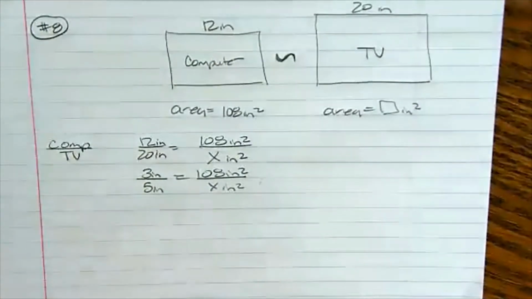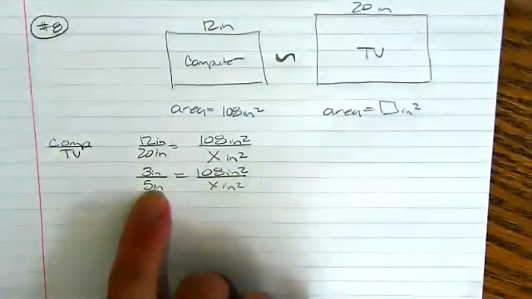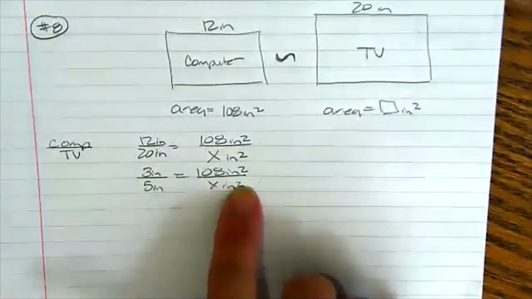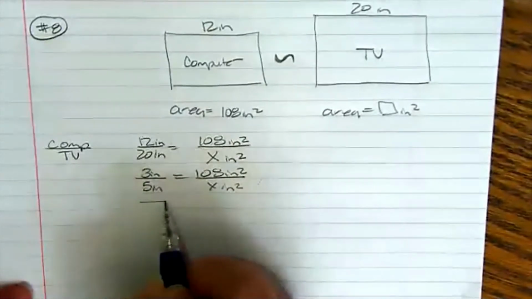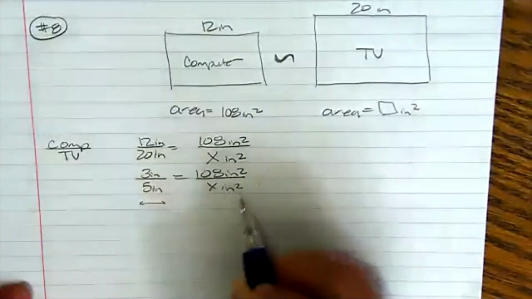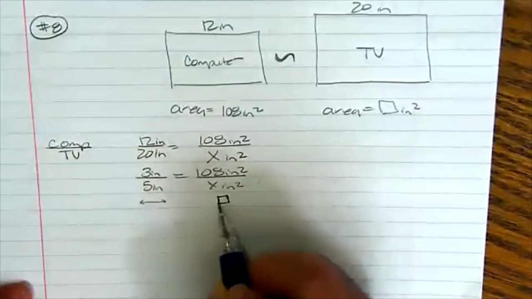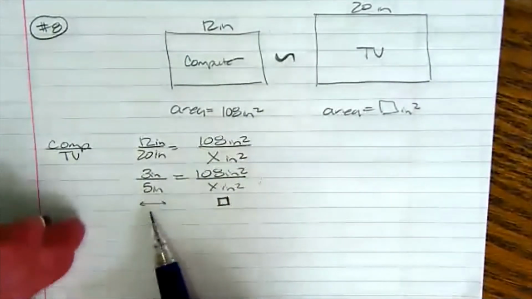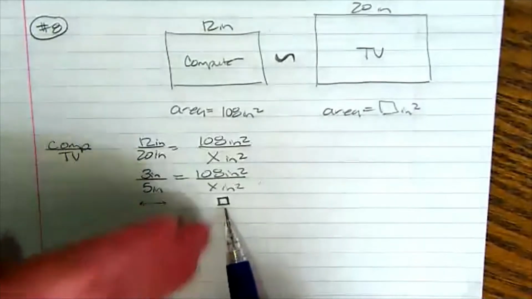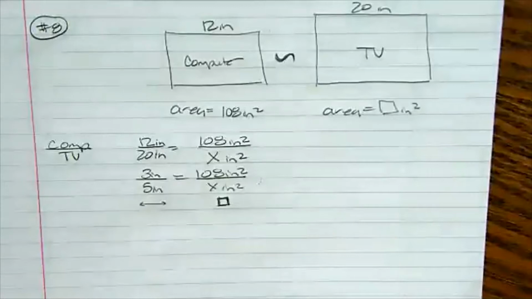But now we kind of have a problem because we're dealing with inches and inches squared. Inches is linear, it's a line. Inches squared is area, and it's square boxes. So we can't say a line is equal to a square, right? They're 2 different things.